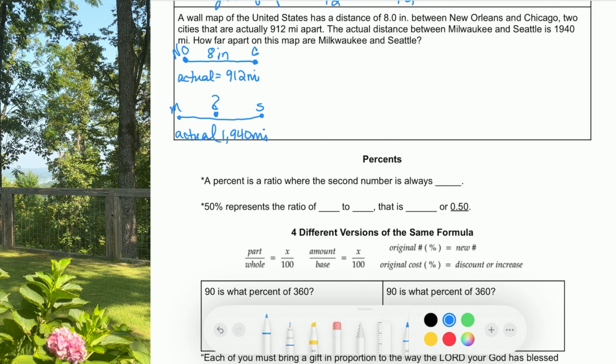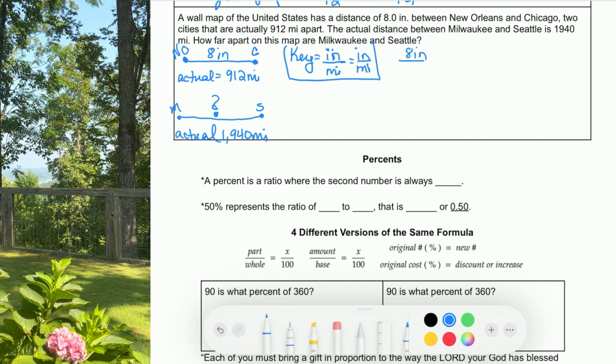So let's set up our first ratio so we can figure out the pattern that we're going to follow. We need our key, basically. So let's make our key. I'm going to do inch to miles. So that means the other side will also be inch to mile. I need to follow that pattern when I set up this problem.